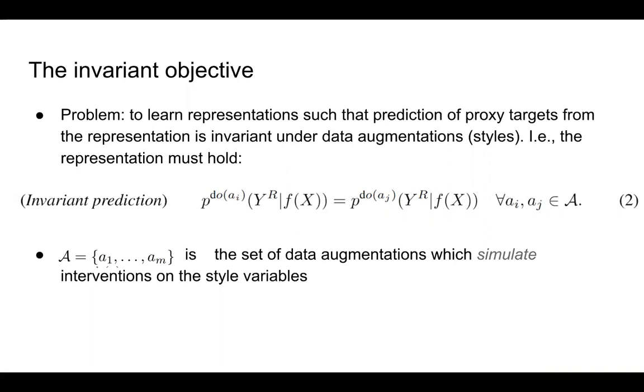So the conditional distribution will not change under different styles. Again, we use the data augmentation to simulate the intervention of the different styles across the different images.